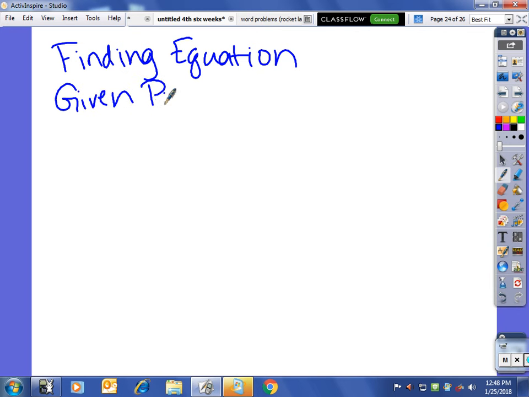Finding an equation given points. Your calculator can find equations for you if you give it enough information.